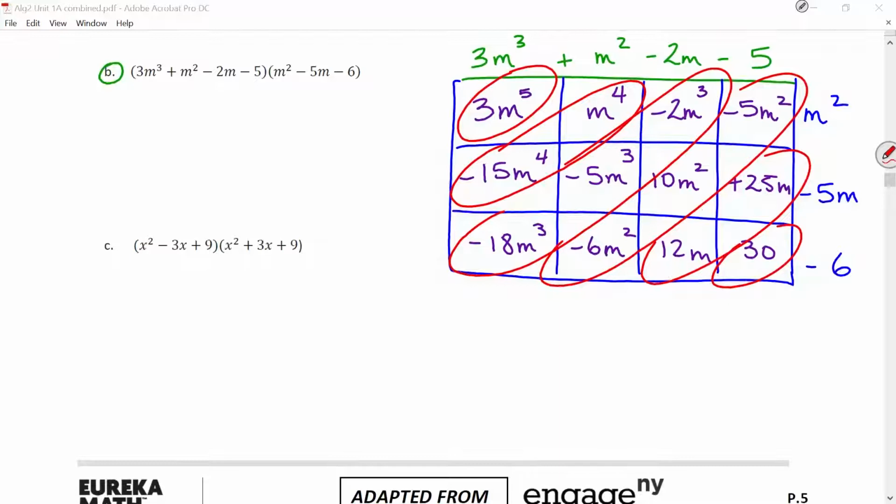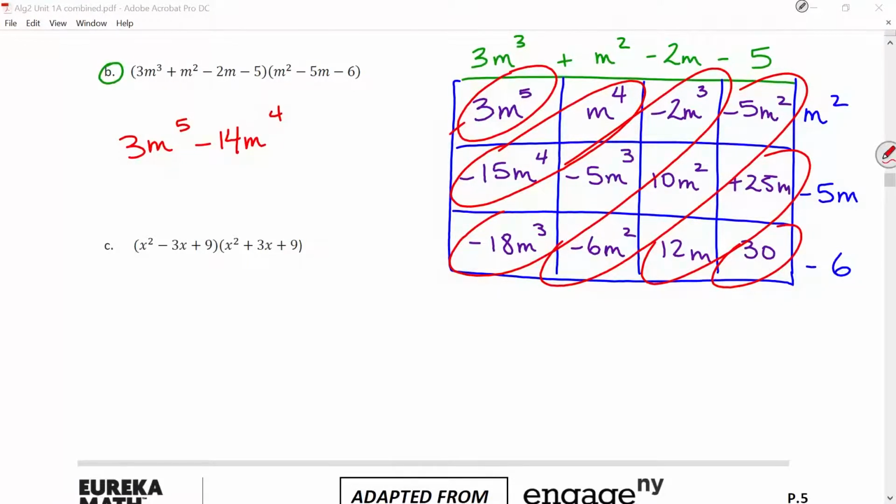Okay, I'm now going to combine like terms, so this is just 3m to the 5th. Okay, this second diagonal, I have negative 15m to the 4th plus 1m to the 4th, so I have negative 14m to the 4th. Okay, next in this third diagonal, the m cubed diagonal, I have negative 18m cubed minus 5m cubed minus 2m cubed.